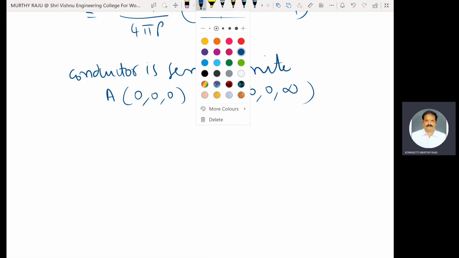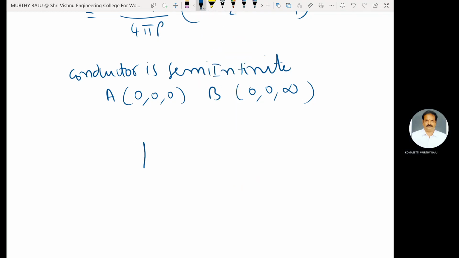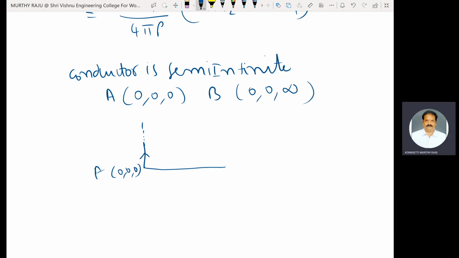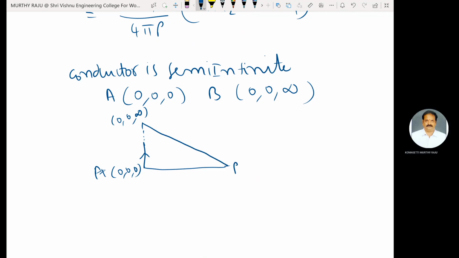Point A is at 0, 0, 0, and point B extends to infinity. This is the point P, H is the field, and this is rho, making an angle alpha, with alpha 1 here and alpha 2 here.